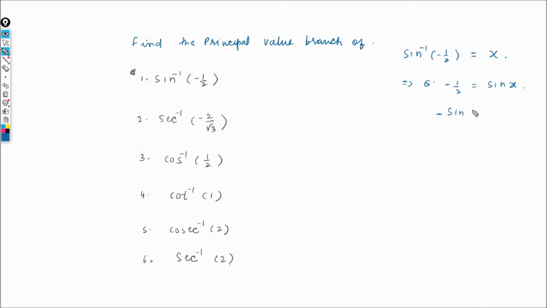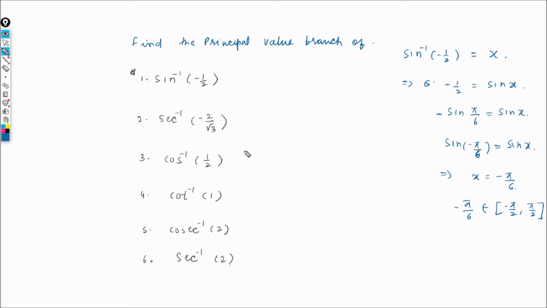Minus sine of pi by 6 is equal to sin x, which is sine of minus pi by 6 is equal to sin x. This implies x is equal to minus pi by 6, which belongs to its principal value branch, minus pi by 2 comma pi by 2.